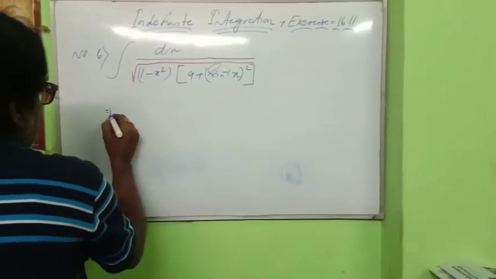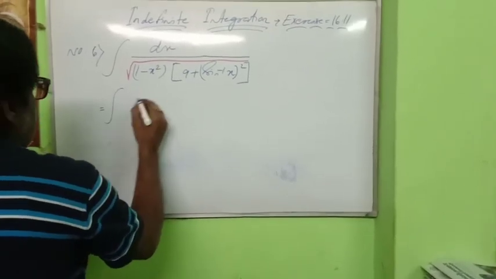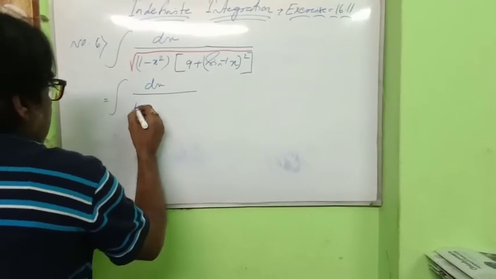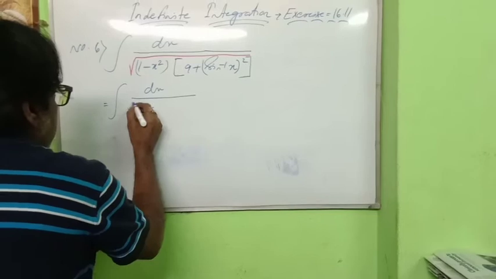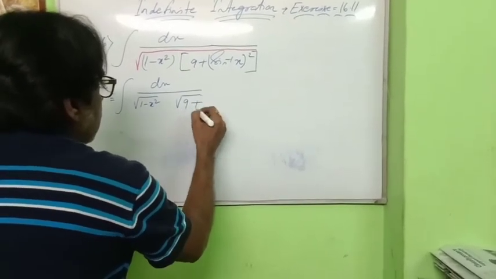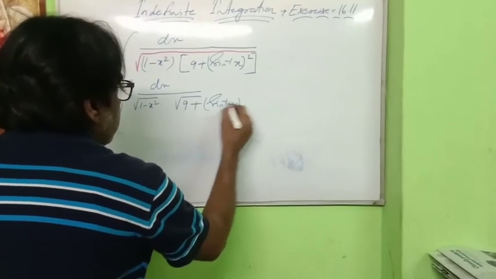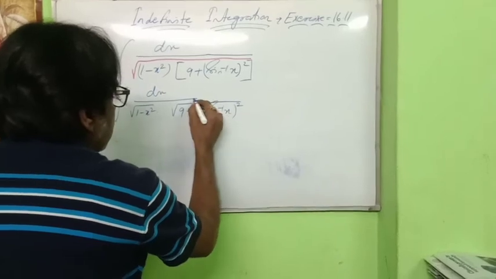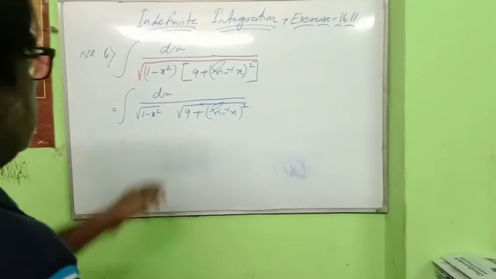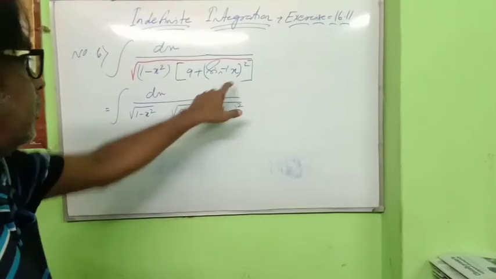I am writing the root over separately: root over 1 minus x square into root over 9 plus sin inverse x whole square.